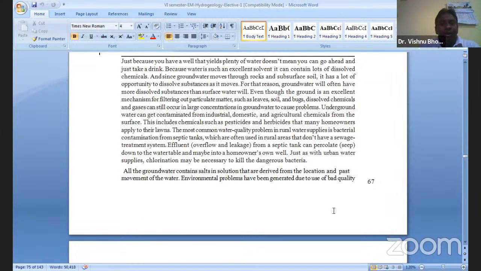The chemicals include pesticides, herbicides, and home appliance wastewater released onto the surface, and due to percolation, directly or indirectly, it leads to contamination of the water.